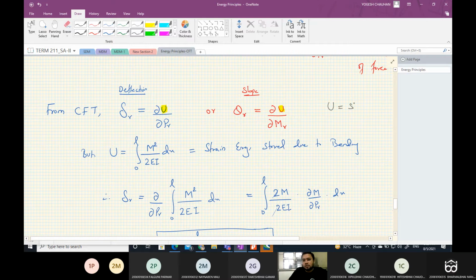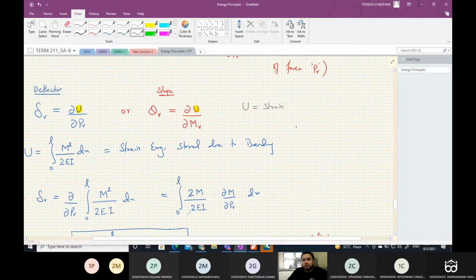U is the strain energy stored due to bending.